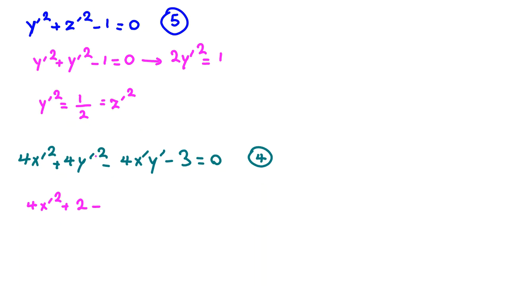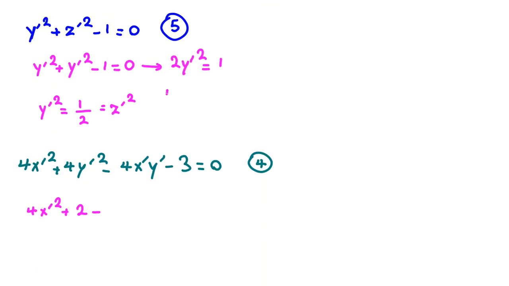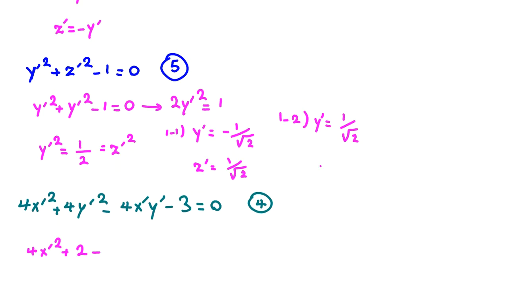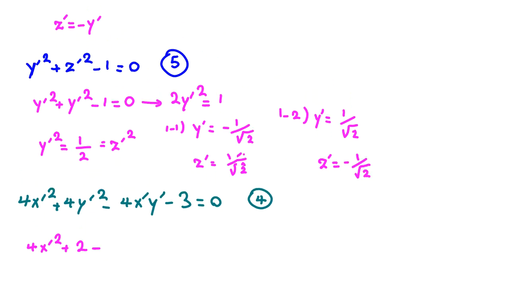Let's consider first, because the problem is symmetric, so we should consider two cases. Case 1 is y prime equal to negative 1 over root 2, z prime equal to 1 over root 2. Case 2 is y prime equal to 1 over root 2, z prime equal to negative 1 over root 2. Let's check these two cases.